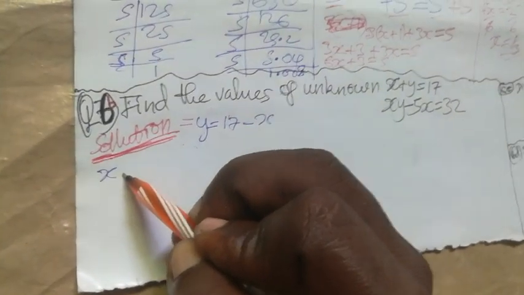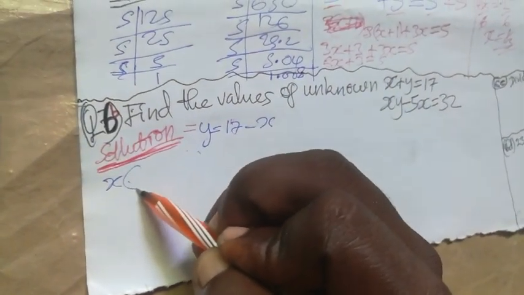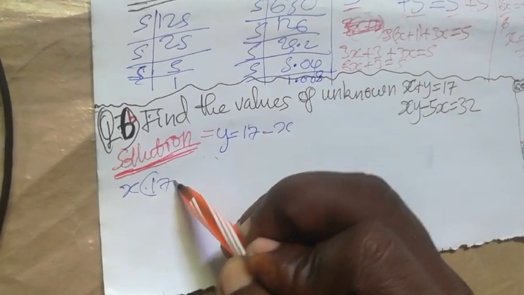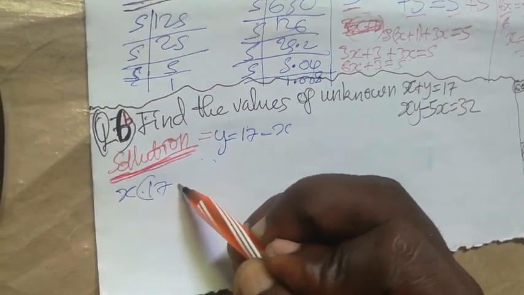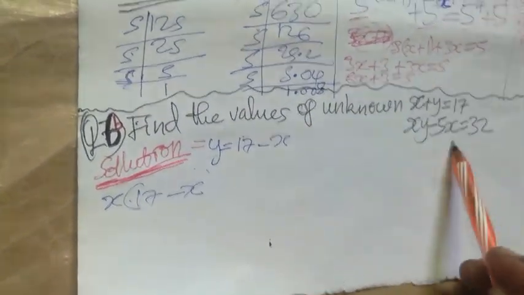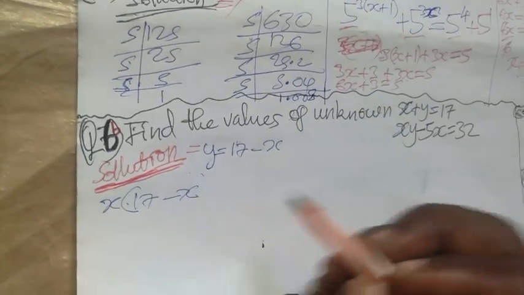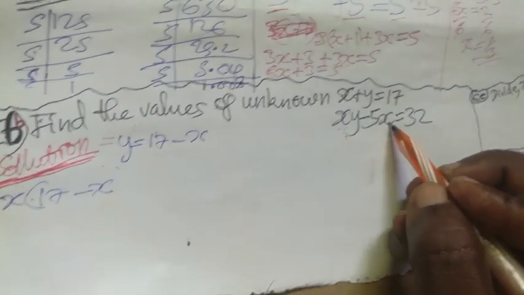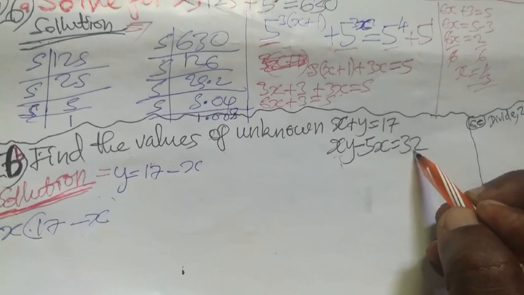Hence we say x times 17 minus x, because this is the second equation, which states that xy minus 5x is equal to 32.